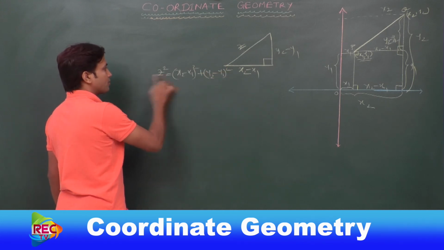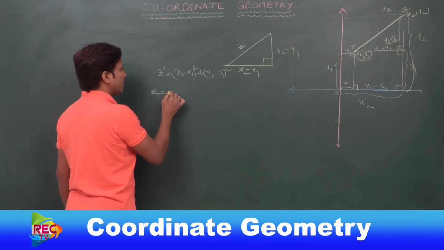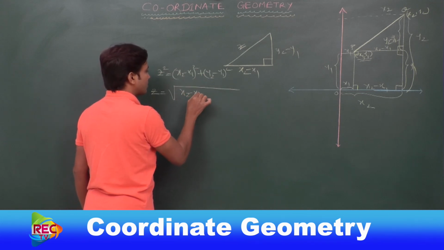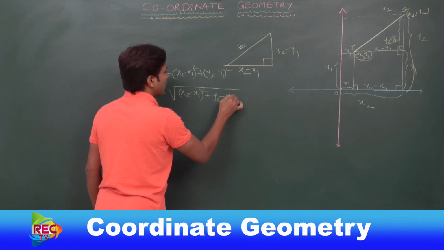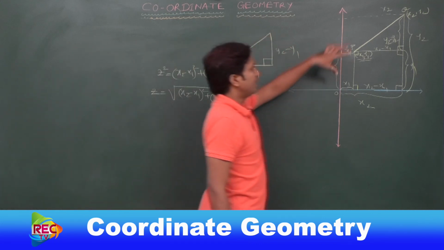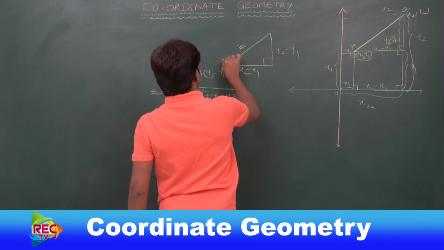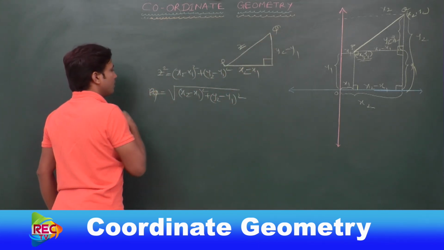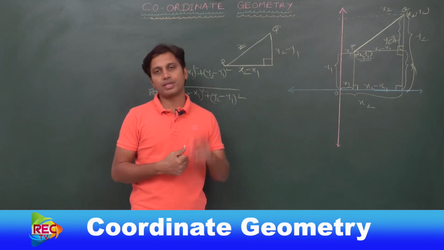Applying square root on both sides, z equals the square root of x2 minus x1 whole square plus y2 minus y1 whole square. Now tell me, what is z here? Is it representing this PQ? So here this is PQ, PQ equal to z. Therefore the PQ distance is the square root of x2 minus x1 whole square plus y2 minus y1 whole square.